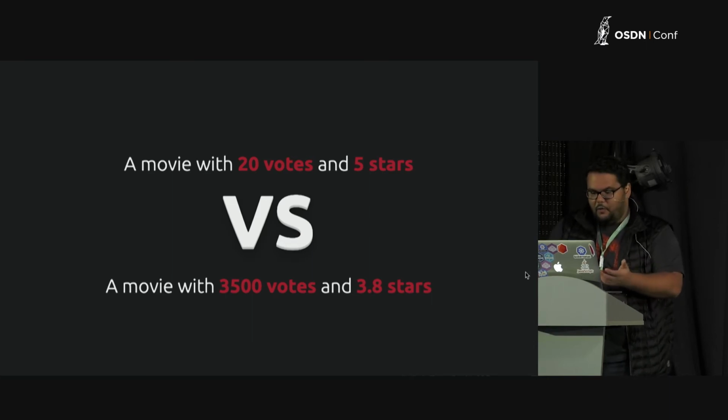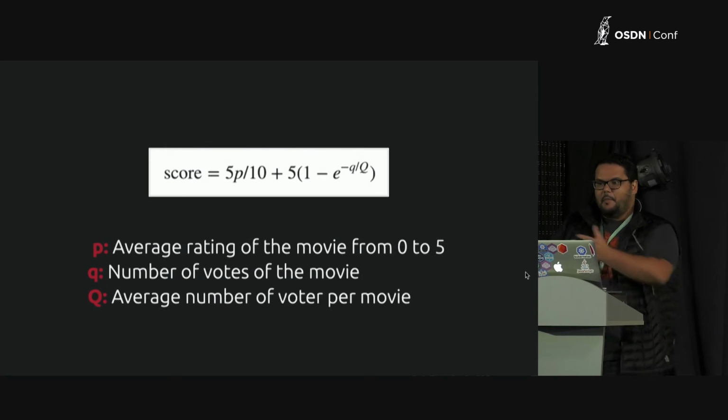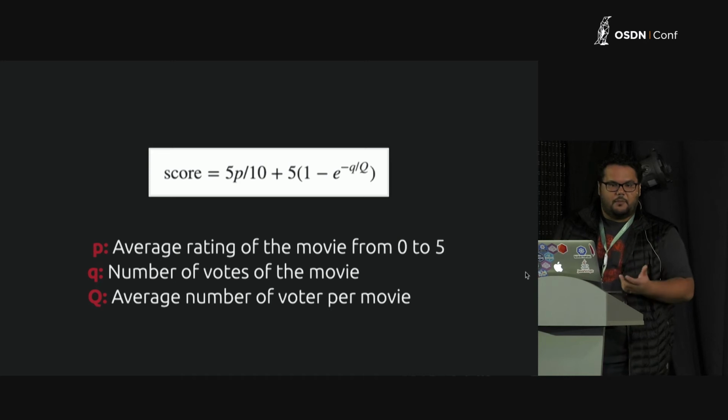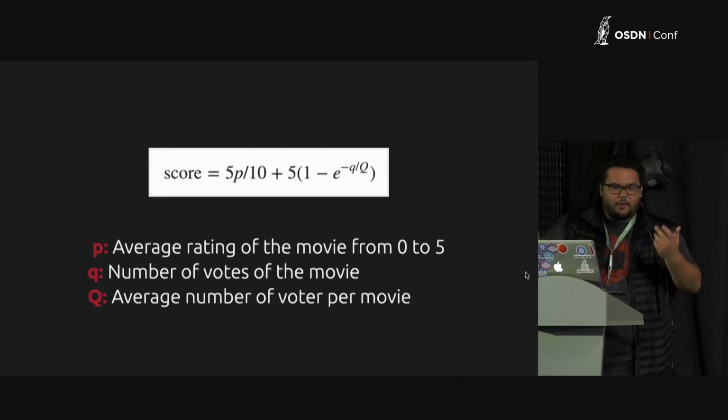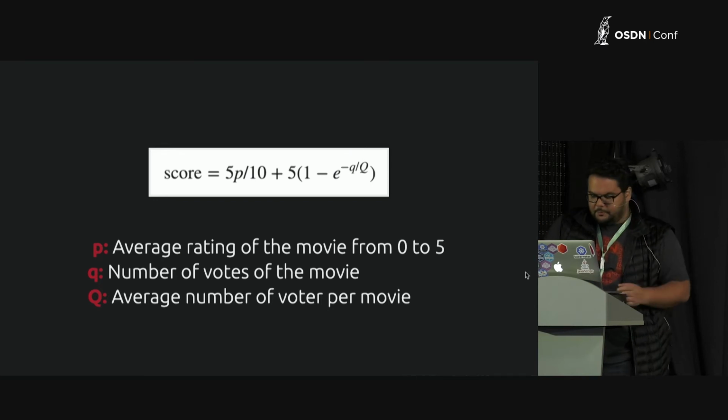One of the things you can do is come up with some algorithm or some function to apply some confidence, so how confident you are in this value. This is a very simple one, but works pretty well.